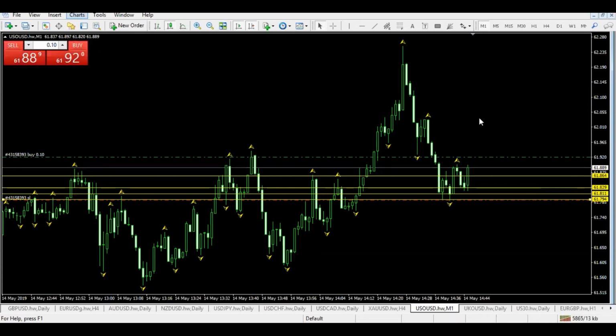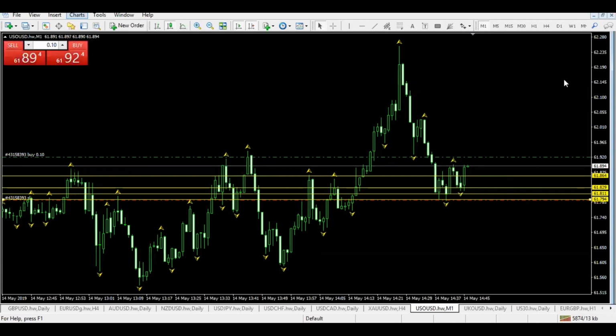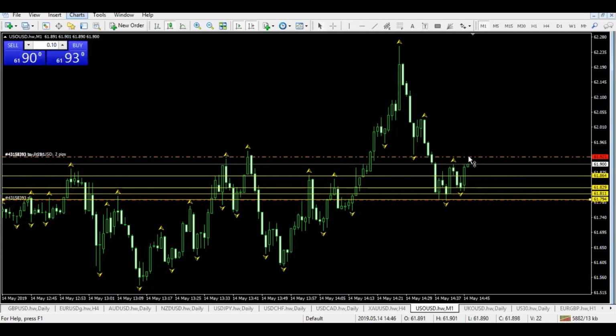Whenever a pivot breaks, your price goes up, comes back, and then goes up again. Its main direction is up. Like here, when I put my TP, it would be one here because I had spread. I ordered here, and it opened in a pivot, but the next pivot is here.